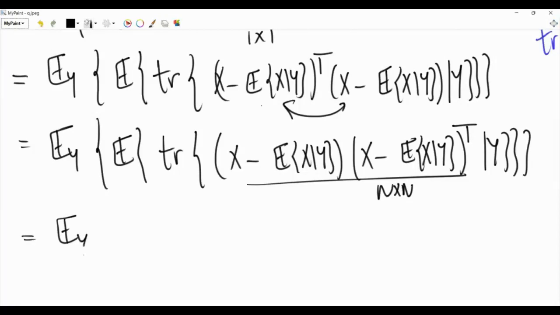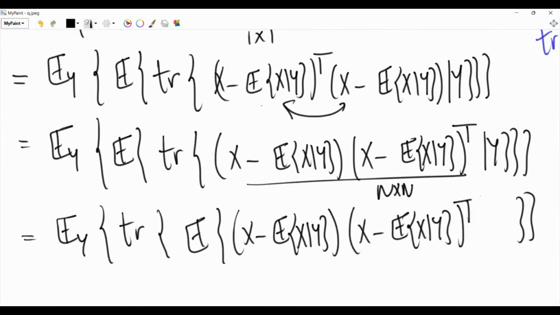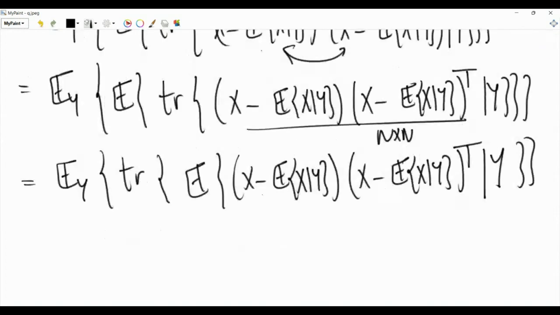So this is the expectation over the y's, then we have the trace, and then we have the expectation of this outer product: x minus the expectation of x given y, times x minus the expectation of x given y, transposed, given y. Now, what is this expectation here? This is the expectation of the outer product that we use to compute the covariance matrix, or the autocovariance matrix, of a random vector.